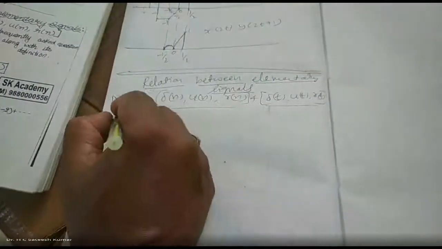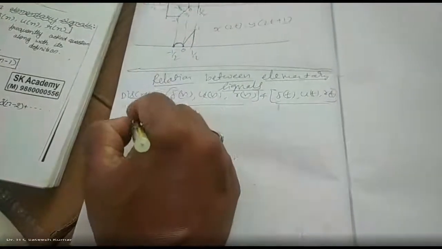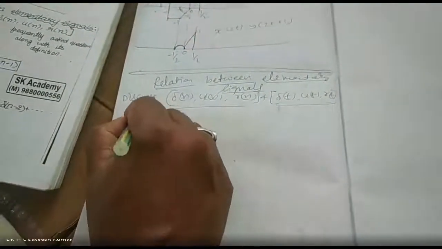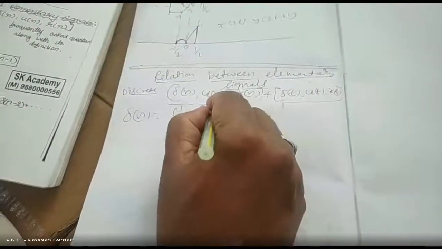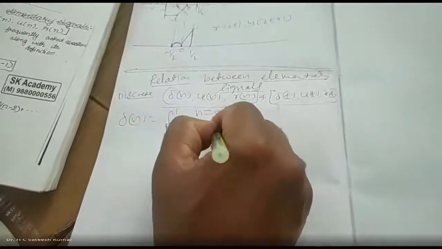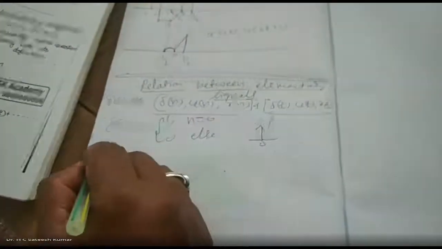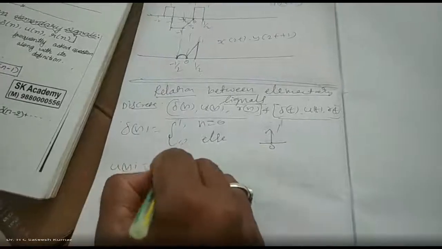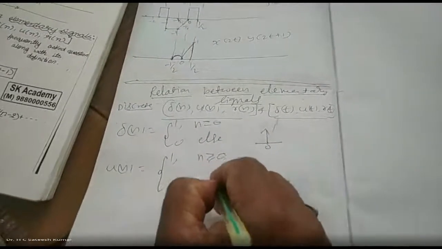So what is that? We can write it. First, we define all of them. Delta of n is equal to 1 for n equal to 0 and is equal to 0 elsewhere. So at 0, its value is 1. U of n is equal to 1 for n greater than or equal to 0 and is equal to 0 elsewhere.